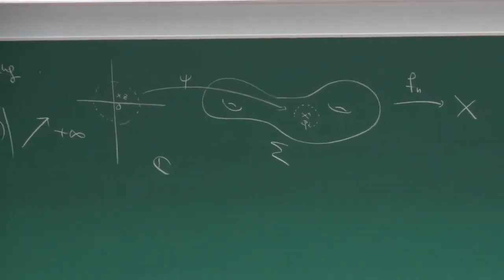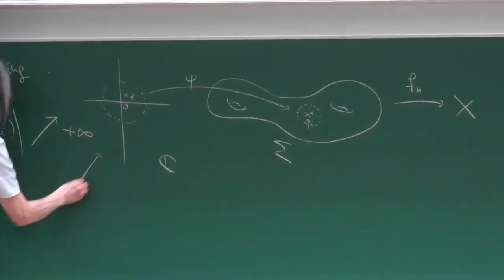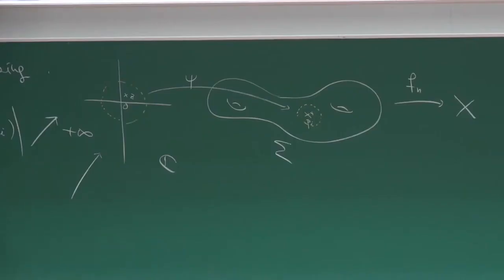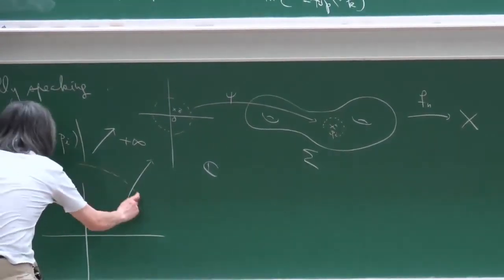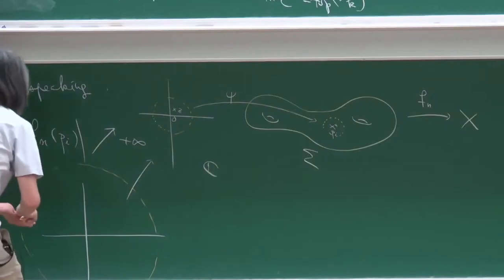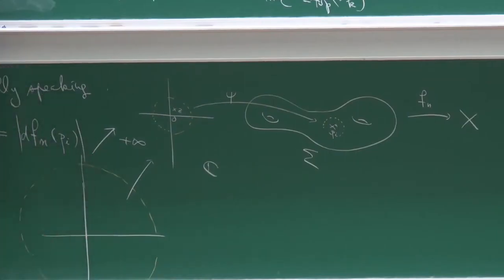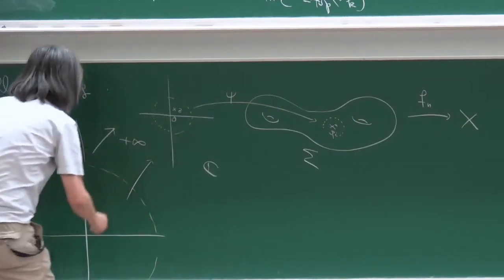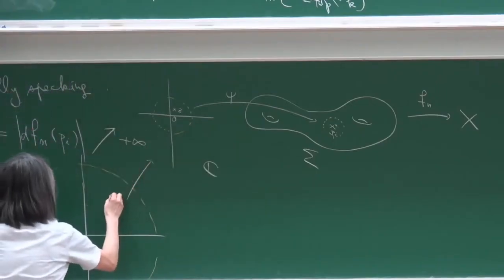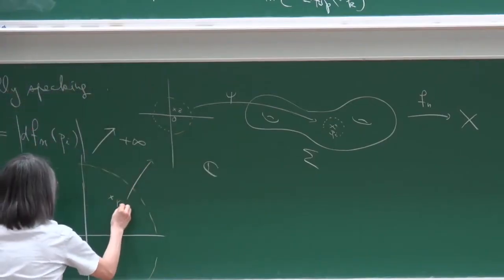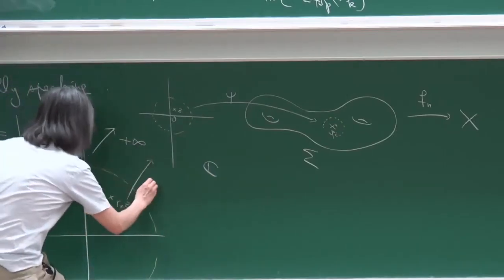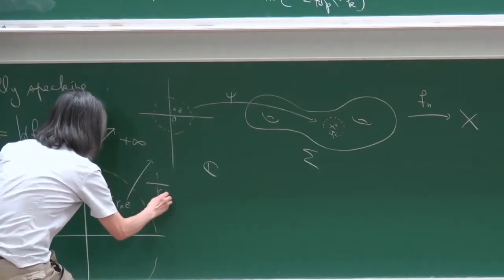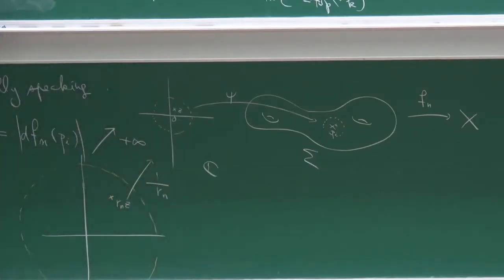Okay. But now I rescale the domain. Maybe I rescale the domain like this, so that now I have a point z which is actually something like R_n of z. So this is actually a map like multiplication by 1 over R_n.